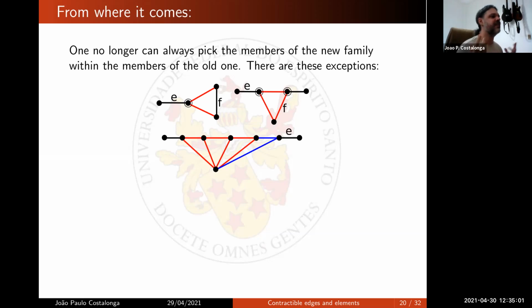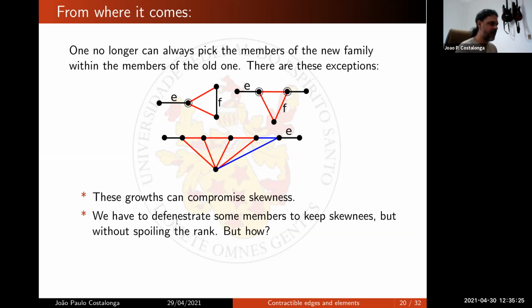What's the problem of picking the larger fan? You add something that was not originally in a set, and now you may compromise skewness. And this is the big difficulty: to find a skew family until you pick those guys and grow everything. You have to defenestrate some members to keep skewness, but without spoiling the rank.